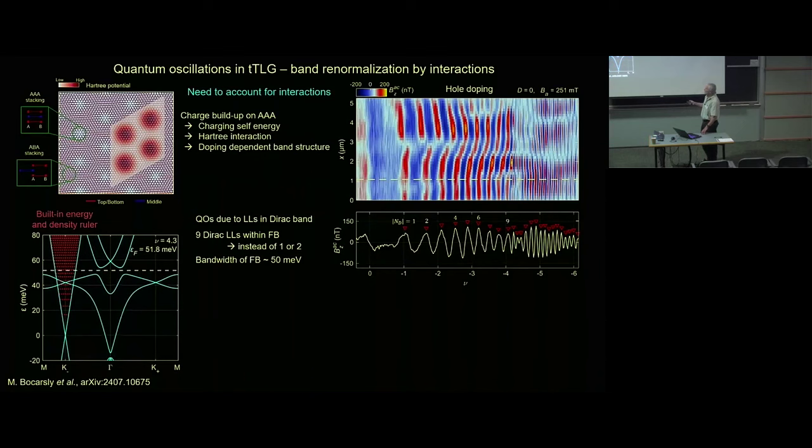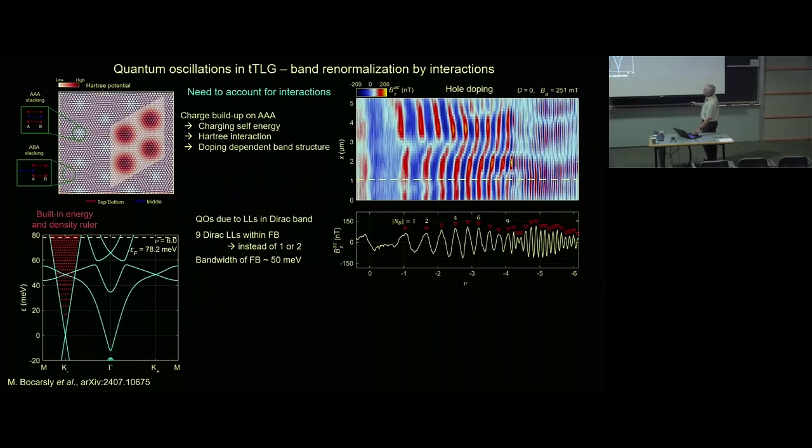And by the time we fill the flat bands, our Fermi energy is now at about 50 milli-electron volts, which is exactly 9 Landau levels, which we see here. And once we continue filling the dispersive bands, the density of states here is much lower, which means that the Fermi energy moves faster, and this results in these higher frequency oscillations that we see here.